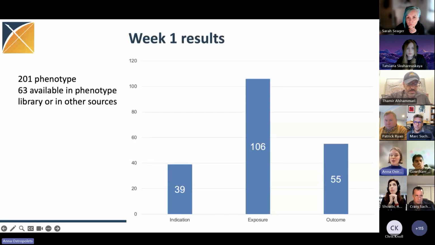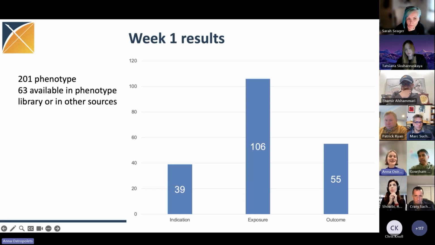Based on the clinical descriptions and what the study leads outlined, what we have so far to do is 201 phenotypes. We are switching gears from the clinical descriptions that they built to the phenotypes that we are about to build. Altogether in our tracker, we have 200 phenotypes.